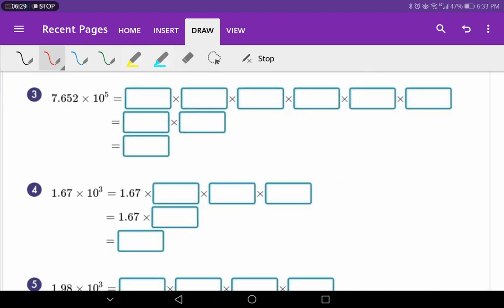Here, 10 with power 5 means 10 by 10 by 10 by 10 by 10, 5 times, and this equals 100,000.